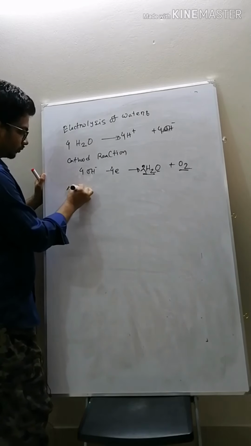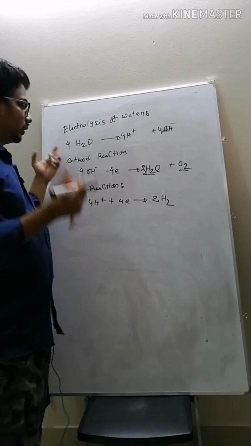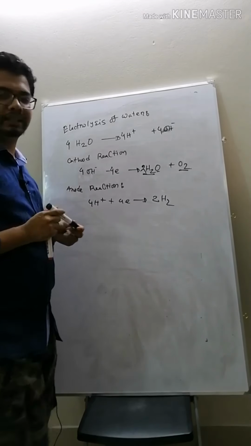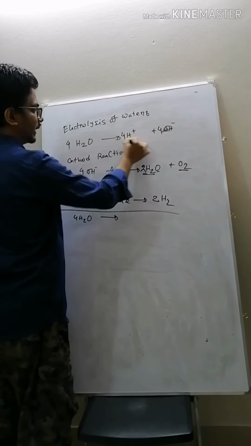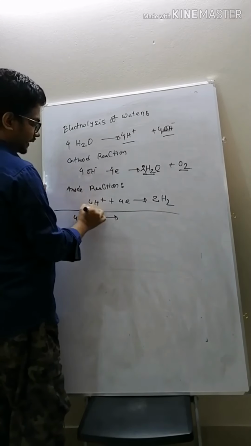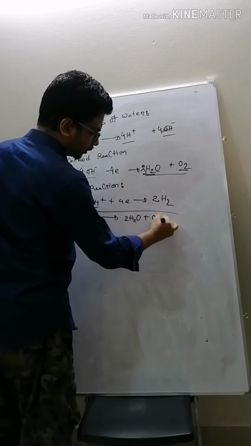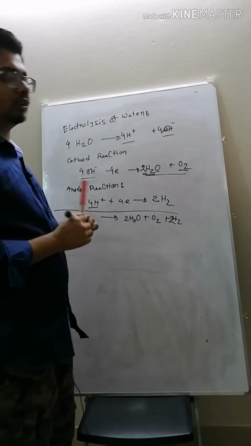If we can memorize this reaction, or we can understand this reaction, in the exam we can write it very carefully and very properly. Okay, the total reaction is 4H2O will produce 4H plus and 4 hydroxide, and that H plus and hydroxide will produce 2 molecules of water, 1 molecule of oxygen and 2 molecules of hydrogen.